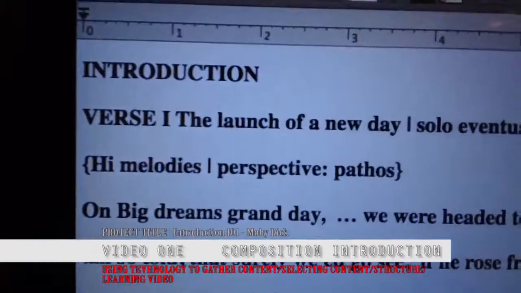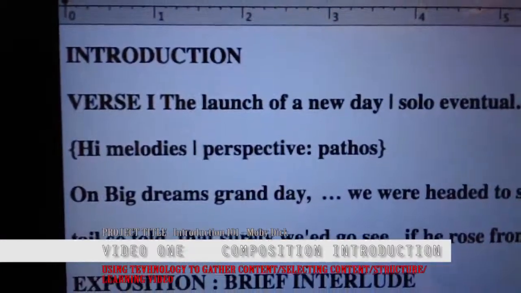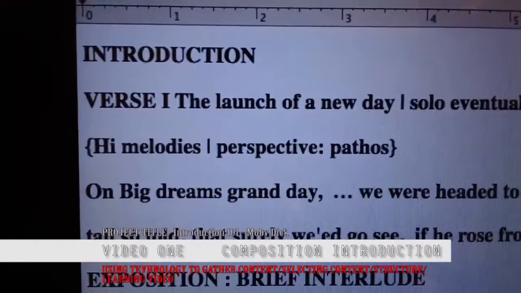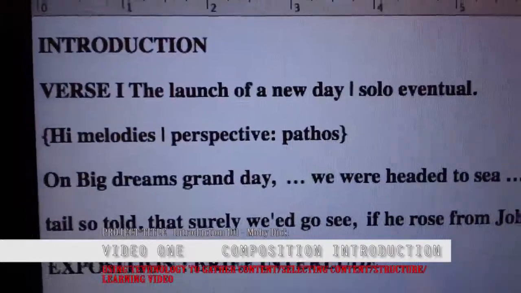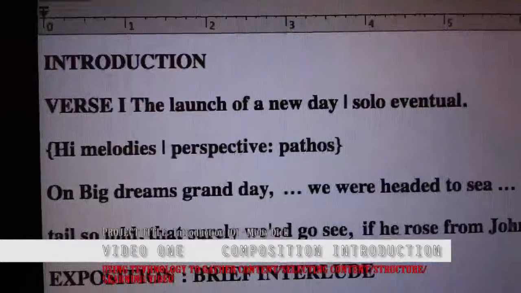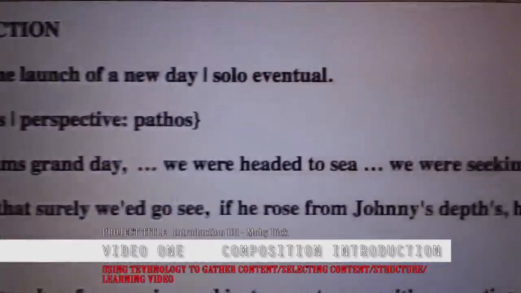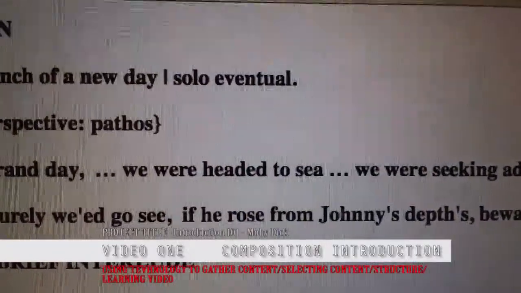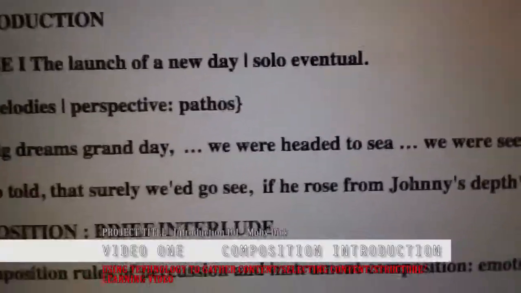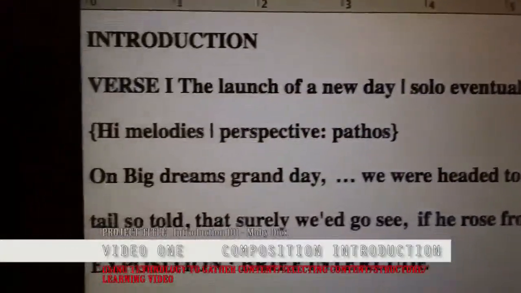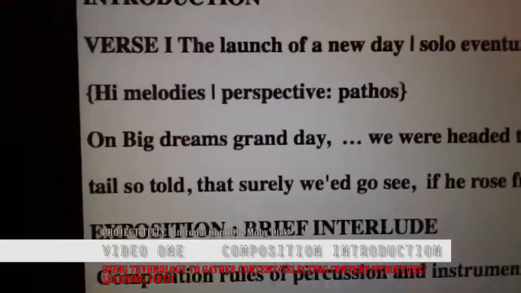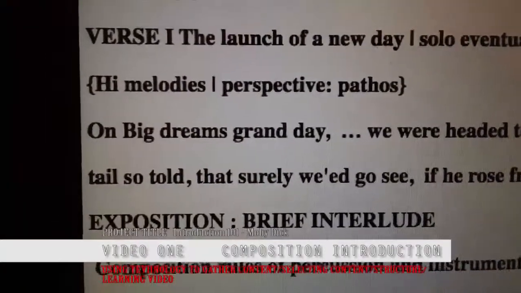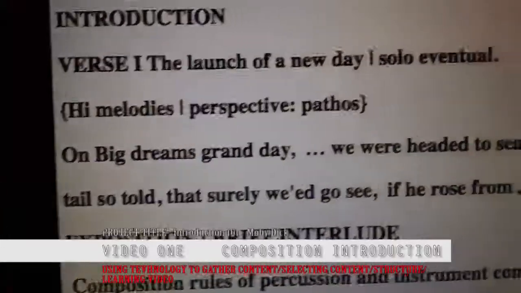In this document right here, that's the introduction, verse 1. The concept of this verse, in theory, is the launch of a new day, and it's a solo eventual. And what I mean by that is, each individual character in this verse, which follows in the music that's described in the lyrics, there's characters.